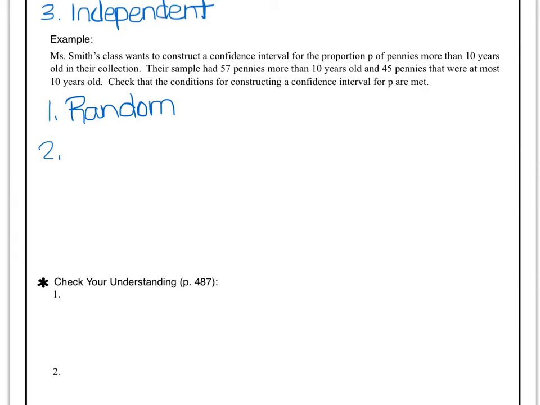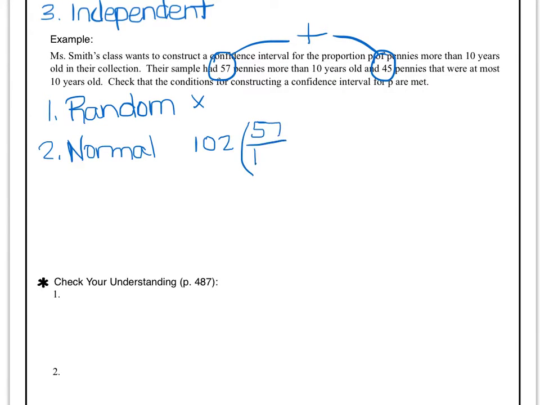So number 2 would be normal. We would say n, which I would have to say 57 plus 45 to get the total sample size, which is 102. So 102 times p-hat, which would be 57 over 102, is equal to 57, which is greater than or equal to 10.